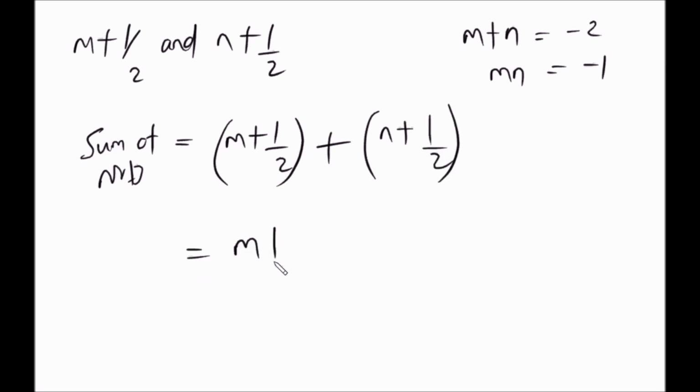So it will be m plus n plus half plus half, which is 1. But m plus n is negative 2, plus 1, so in the end I get negative 1. So the sum of roots is equal to negative 1.